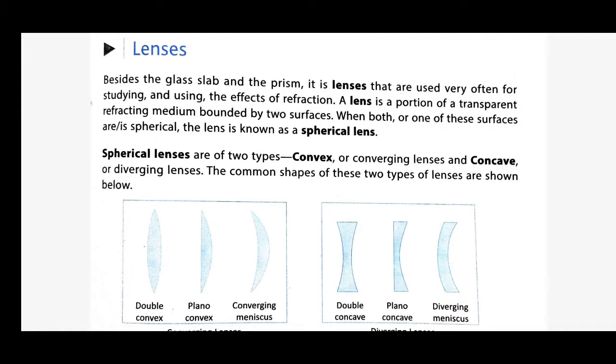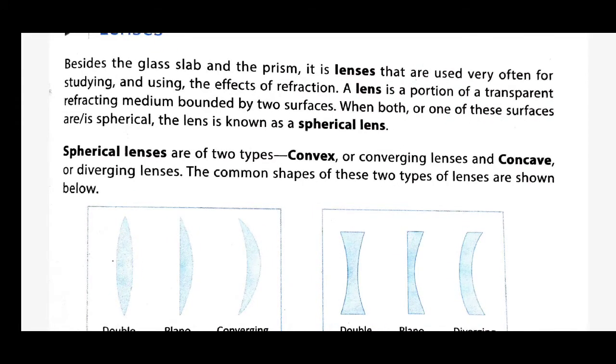What are lenses? A lens is a transparent medium bounded by two surfaces, out of which one is spherical. Here it is clearly written that a lens is a portion of transparent refracting medium bounded by two surfaces, when both or one of these surfaces is spherical.